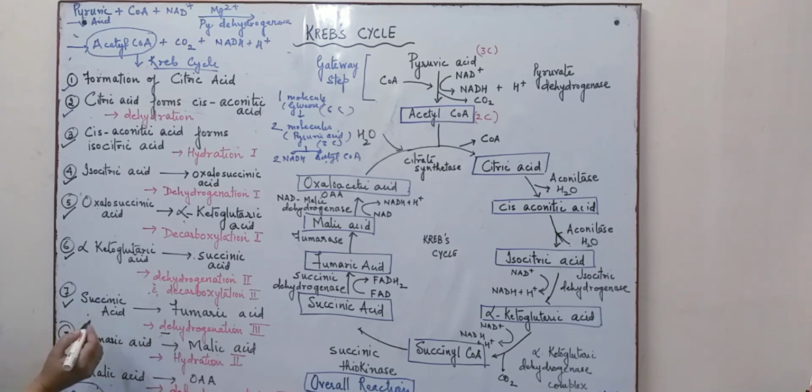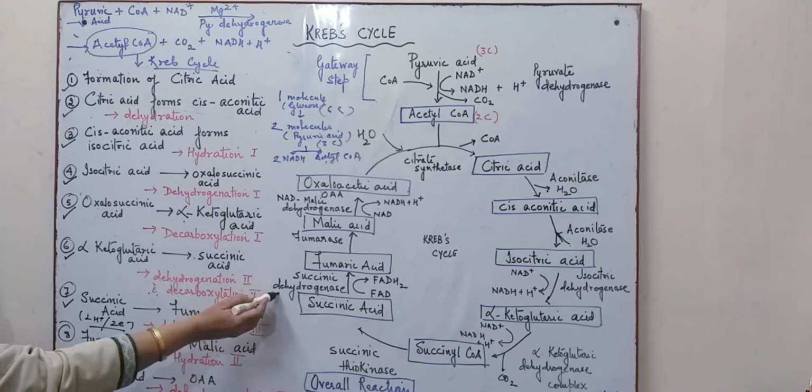As a result, fumaric acid is formed. This reaction is guided by the enzyme succinic dehydrogenase.